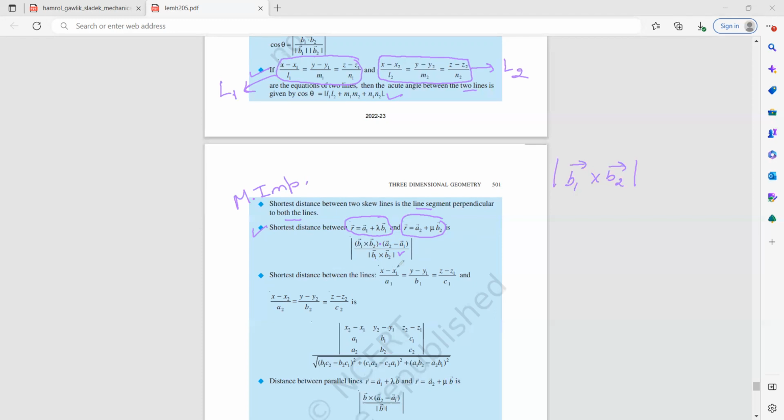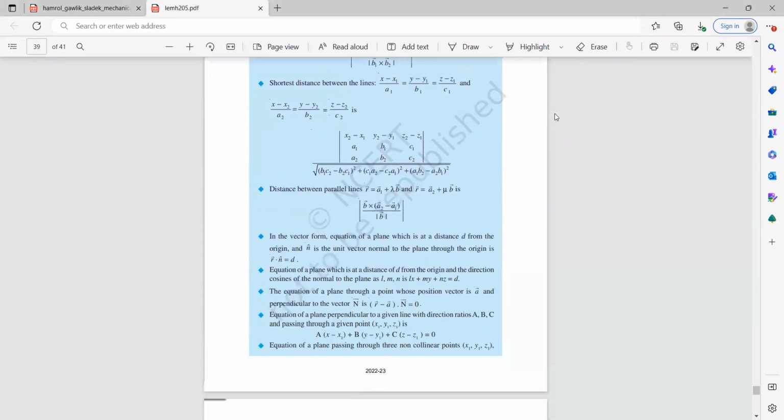When the lines are given like (x minus x1) over a1 equals (y minus y1) over b1 equals (z minus z1) over c1, this is line 1, and the second line is given as (x minus x2) over a2, (y minus y2) over b2, (z minus z2) over c2, the shortest distance is calculated as given in the formula, this one.